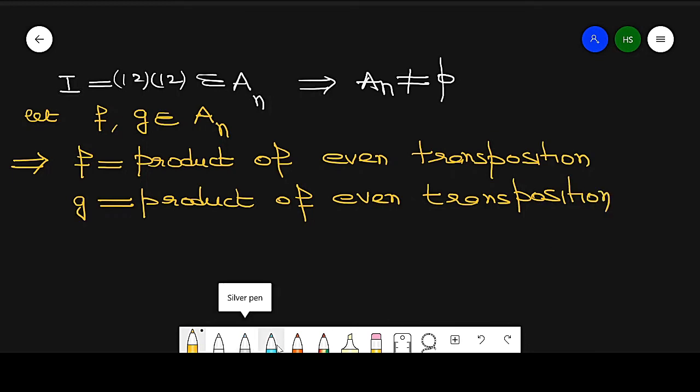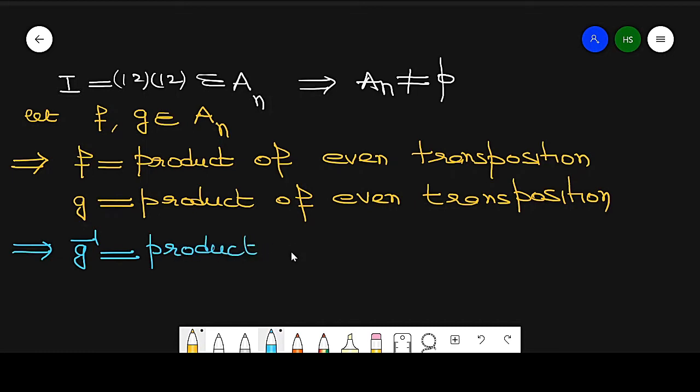So what is g inverse? So that is, by the reversal law, again a product of even transpositions, right?